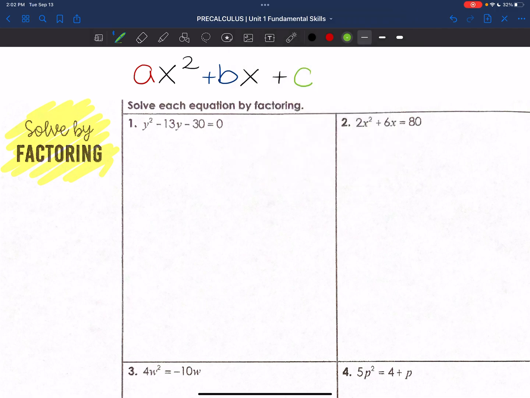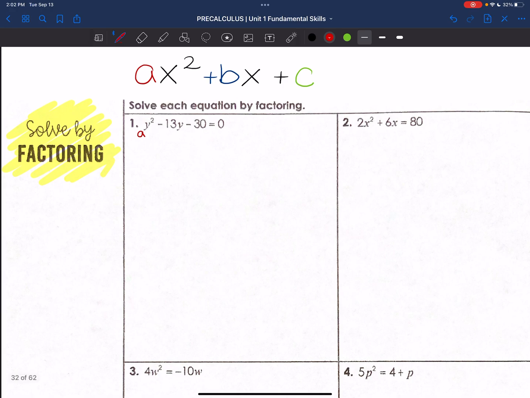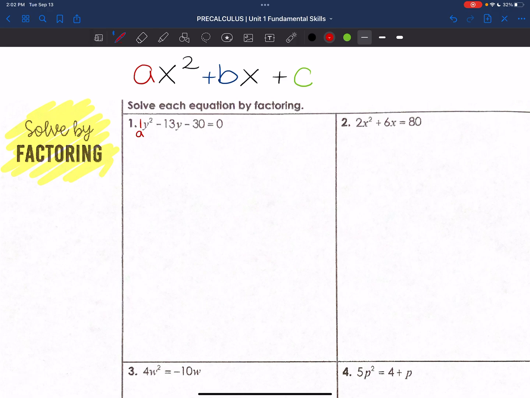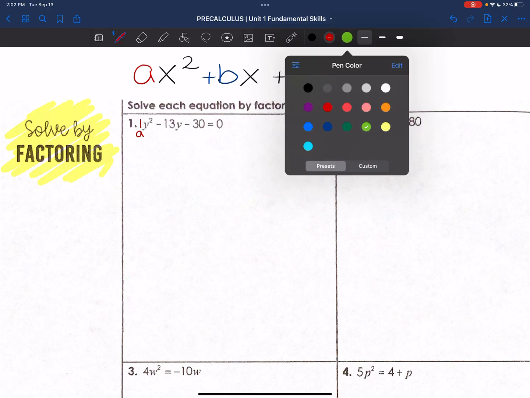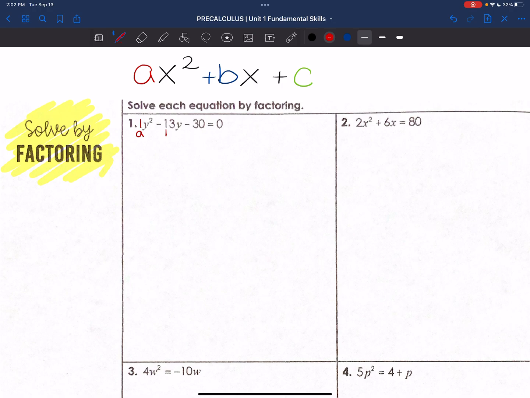It's whatever is in front of our x squared. What number is in front of that y squared? It is the almighty 1. Our A is 1. Our B is this negative 13. And our C, our constant, is negative 30.